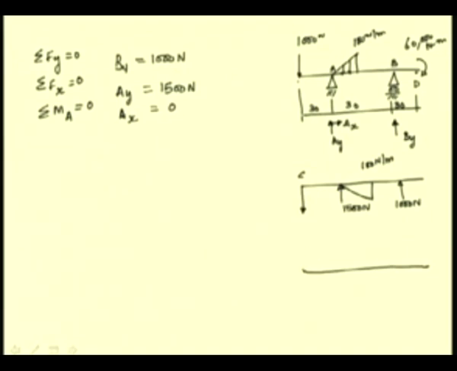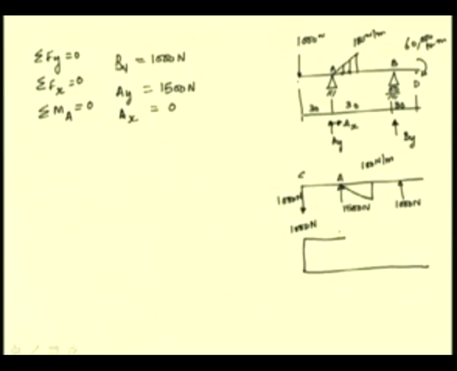At C we get the shear force as 1000 newtons from the algebraic relations by considering the free body diagram of a portion between, let us say, C and A. Now, we see that between this point C and A there is no change in the load and we do not have any loads.